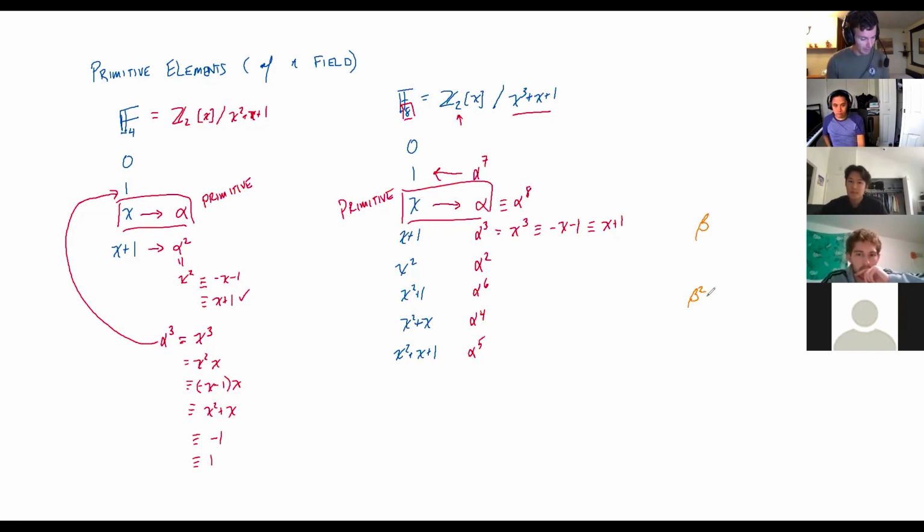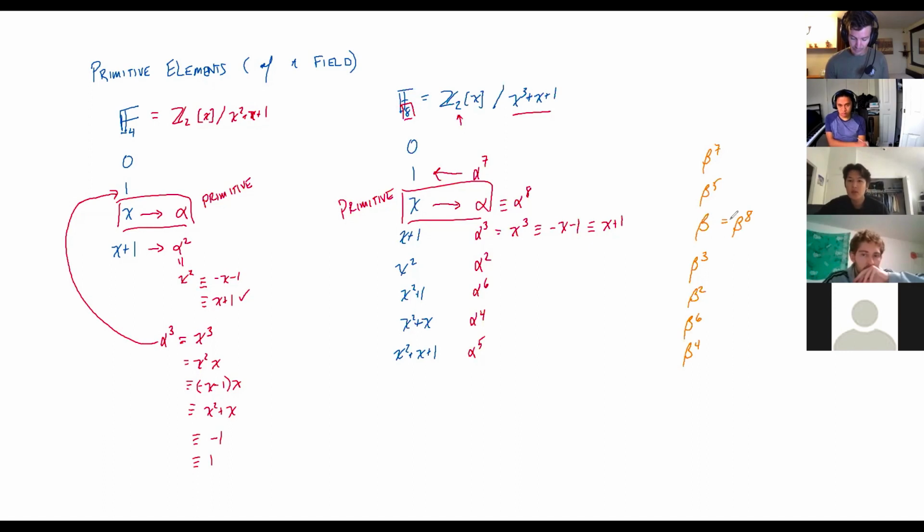So this is beta squared. This one is beta to the 3. Beta to the 4 is the last. Beta to the 5 ends up ending here. Beta to the 6 is there. And beta to the 7 is here, which means this is also beta to the 8.